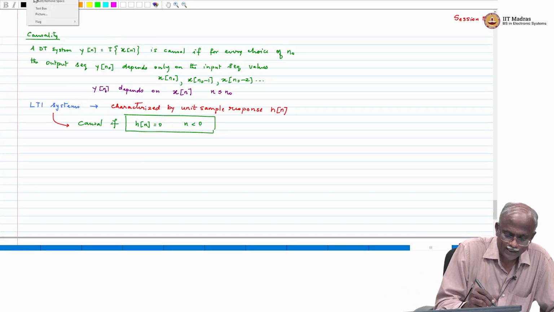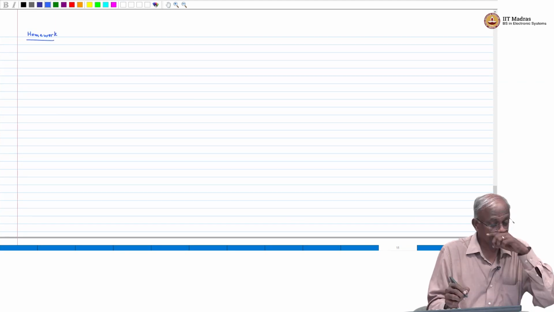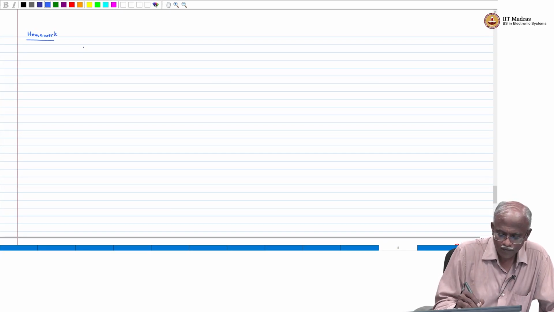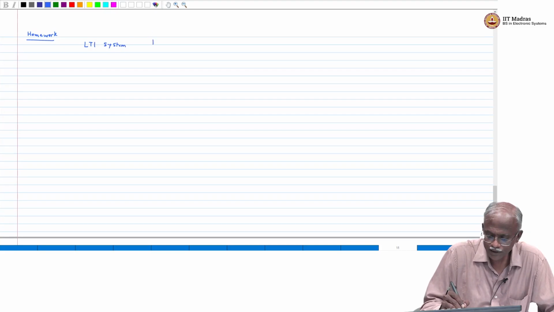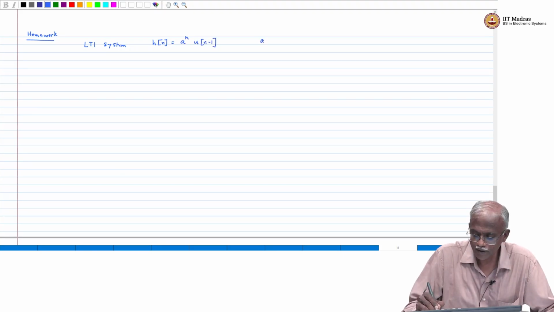Now, along the same lines, I would like you to try out a homework. Again, you can look at this example as a reference and you should be able to do this. Okay, we are given an LTI system whose impulse response h of n is equal to a power n u of n minus 1, and we are given a greater than 0 and less than 1.